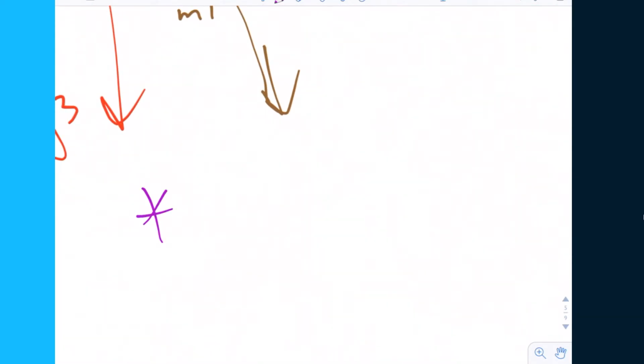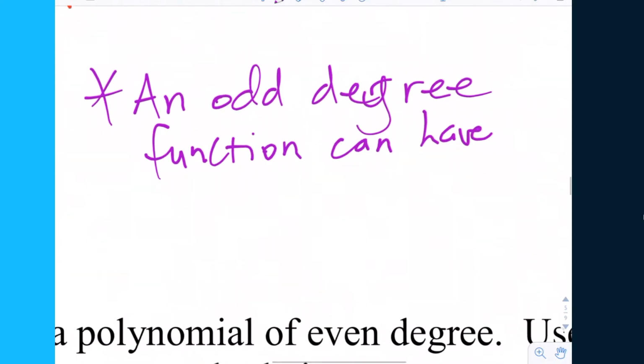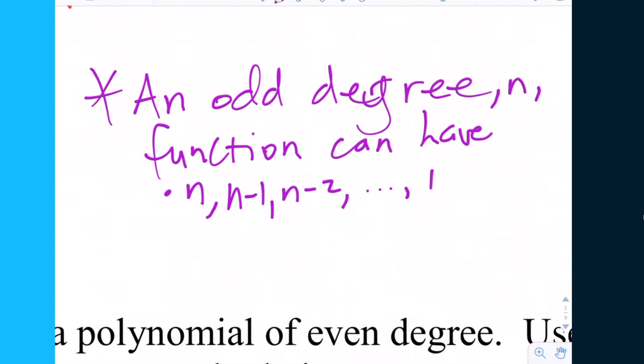Let's go ahead and summarize. An odd degree function can have, and we'll put a bullet point here, for an odd degree n, n, n minus 1, n minus 2, all the way down to 1 x-intercepts.